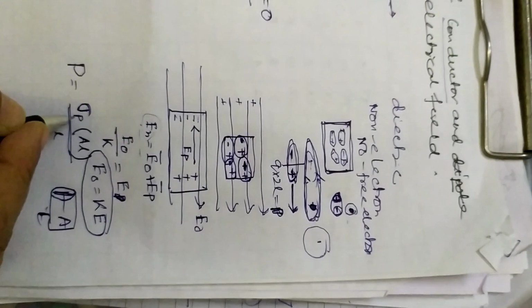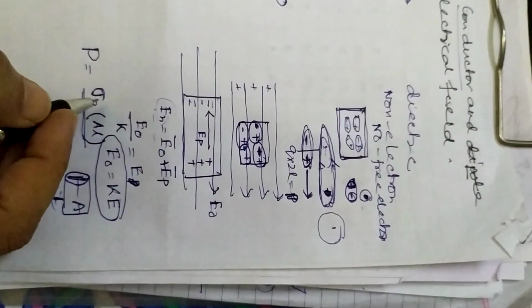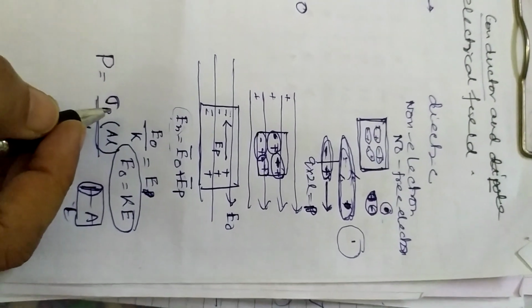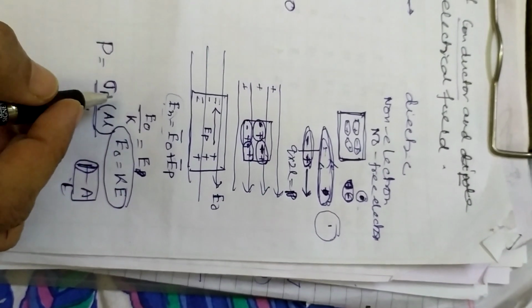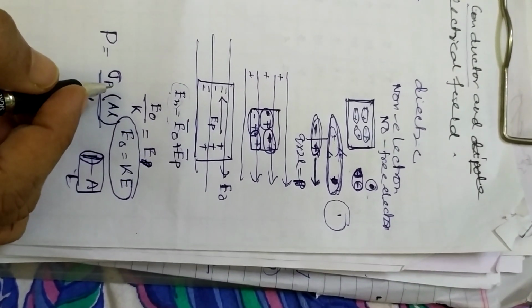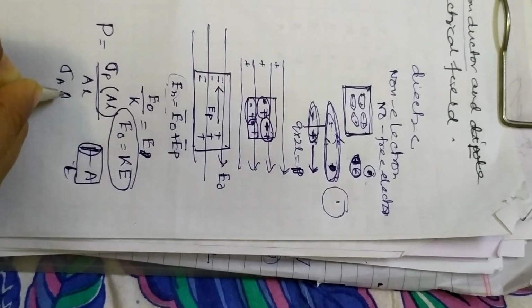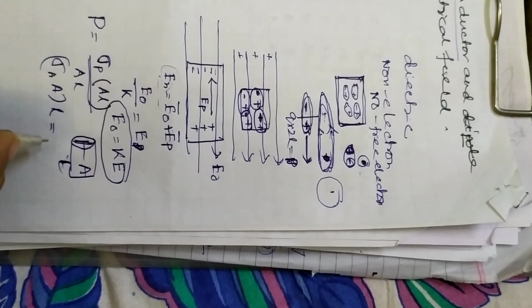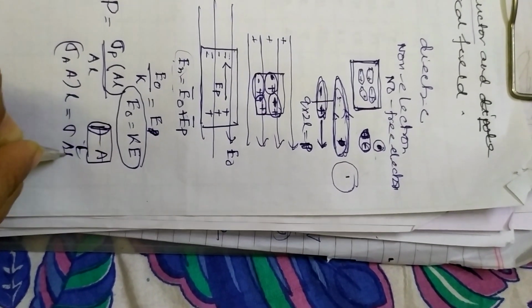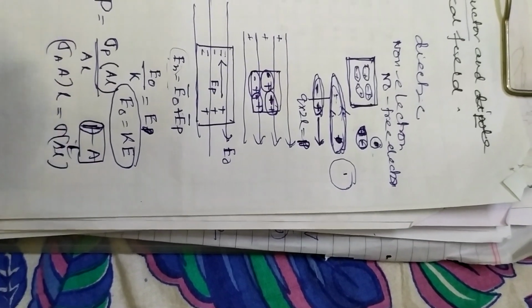This sigma P is the magnitude of the induced charge per unit area. So what we are writing is sigma P into A into L. This is the dipole moment of the slab.